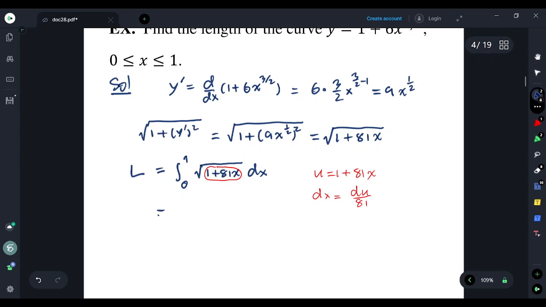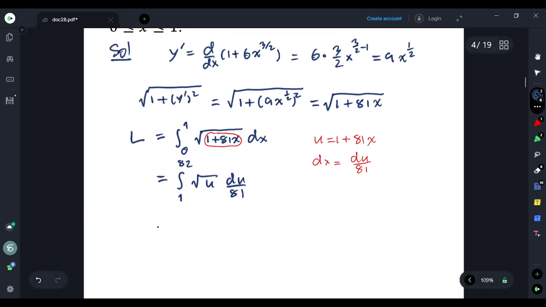Then the integral becomes the square root of u du over 81. When x equals 0, u equals 1. When x equals 1, u equals 82.